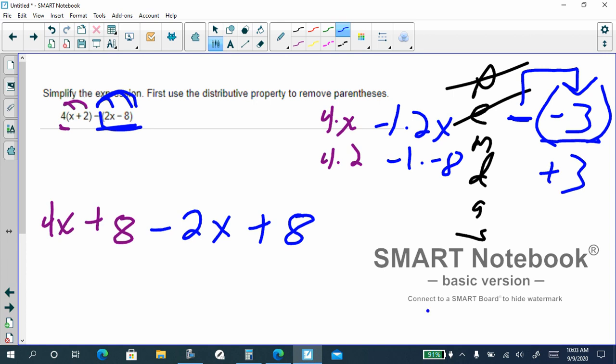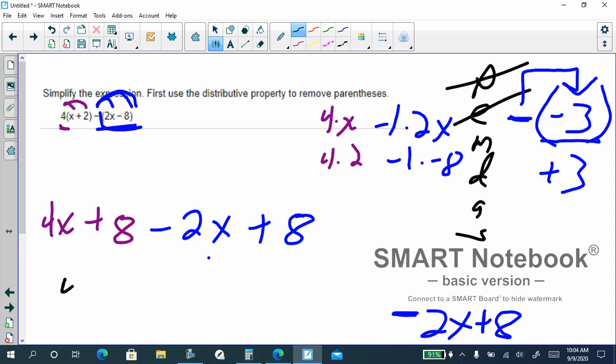So if we have a 2x minus 8, if we want the opposite of that, because there's a negative in front, the positive 2x would become a negative. The -8 would become a +8. So we would change both of those signs. Either way, we end up with -2x plus 8.